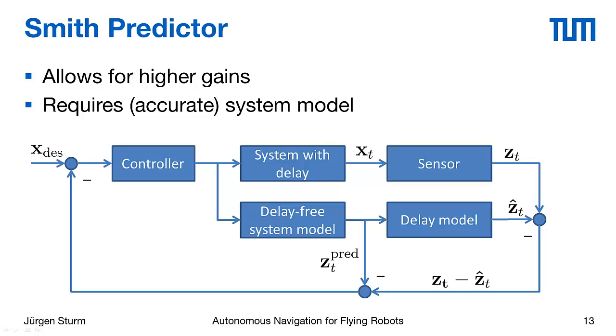In this way, we can take advantage of both the delay-free system model, but we can also deal with deviations from that. So if our system model doesn't do anything, or is partially wrong, then we still have this normal error term that just considers the difference of the sensor and the model.